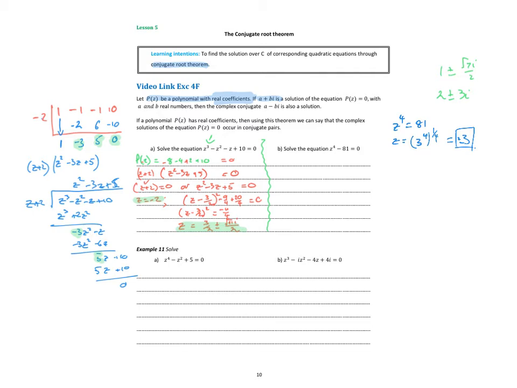We've got to factorise it through first, at least until we get to the squared point. Because if we make use of the fact z to the 4 minus 3 to the 4, that's the same as z squared minus 3 squared squared, and that's a difference of squares, isn't it?